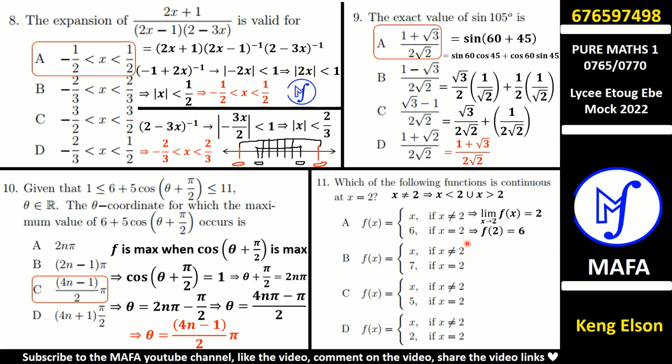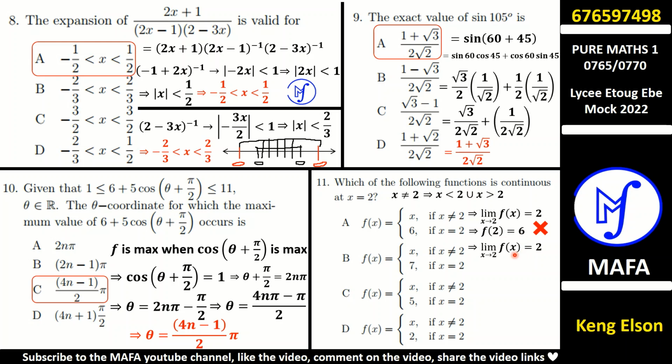But what is f of 2? Our f of 2 is equal to 6, because when x equal to 2, the function is 6. So the limit giving us 2 and f of 2 giving us 6 means that the function is not continuous at 2. We need a case where the limit will give us a value and f of 2 will also give us the same value.